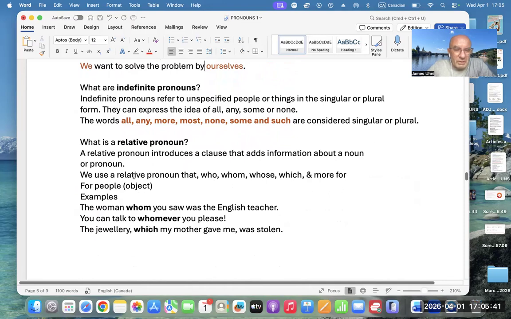We use the relative pronouns that, who, whom, whose, which, and more for people and objects. A relative pronoun introduces a clause that adds information about a noun or pronoun.